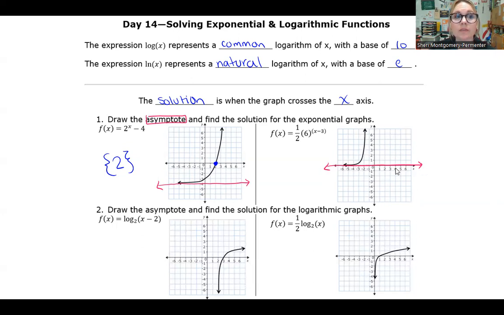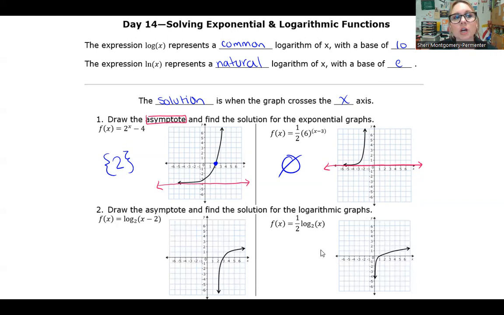It has to stay above that asymptote. Never. So if it never crosses, what is the solution? No solution. There isn't one, and that's okay. You can have no solution. If it doesn't cross, there's no solution. Don't overthink it. You have to cross to have a solution.